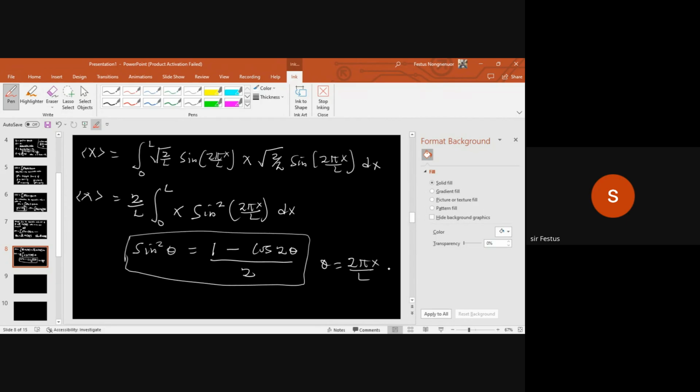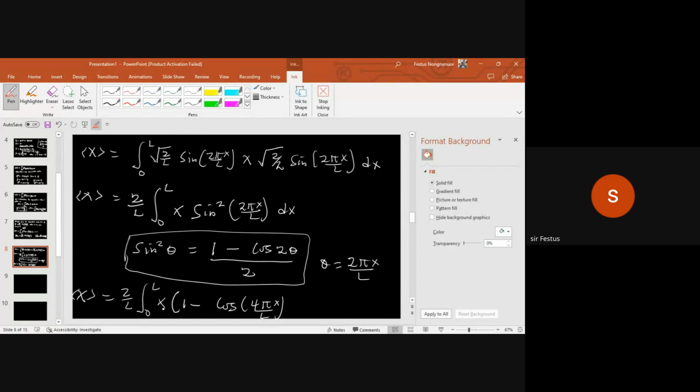So our expectation value here will now be equal to 2 on L, integral of 0 to L. Then we still have our x, but the x is multiplied by the sine square theta. So we open bracket, we have 1 minus cos, instead of 2 theta, we multiply by 2. So 2 times 2 will give us 4, so that's going to be 4 pi x on L. Then everything here is divided by 2.